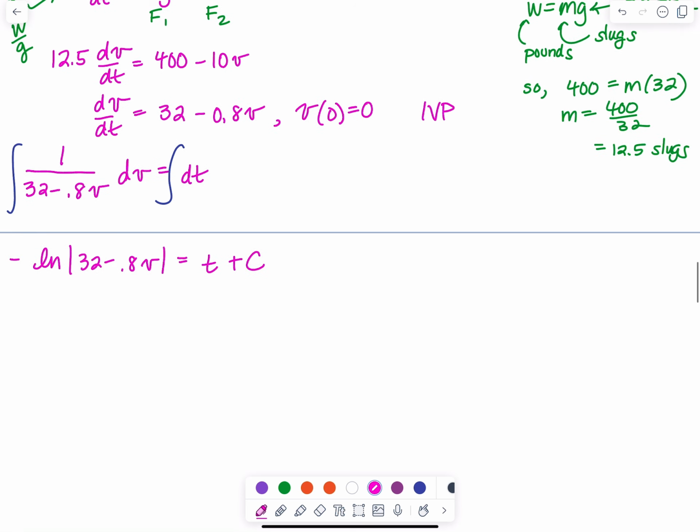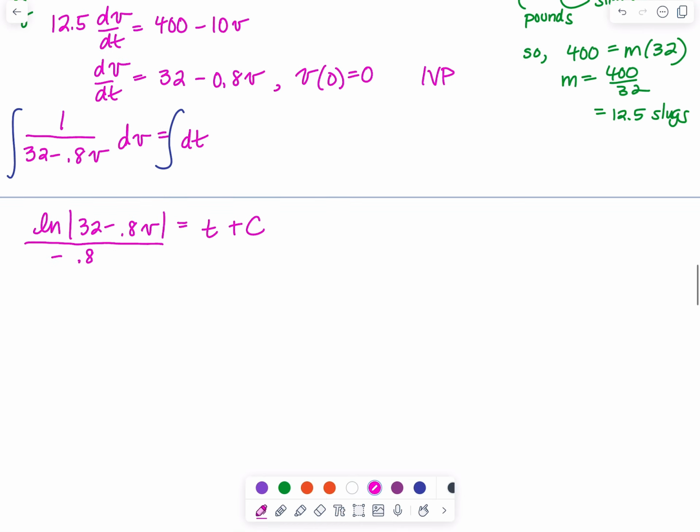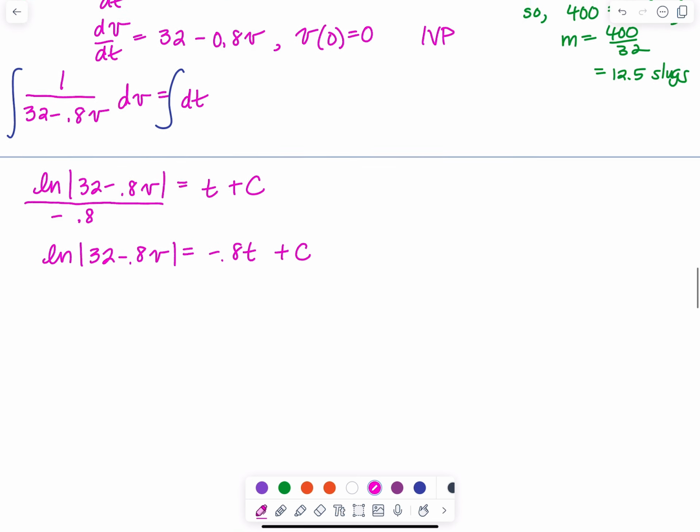And we can just continue on in this fashion. We will have to have a 0.8 here, and I can throw that negative down there. And then we have the natural log of 32 minus 0.8 V is equal to negative 0.8 t plus a constant.